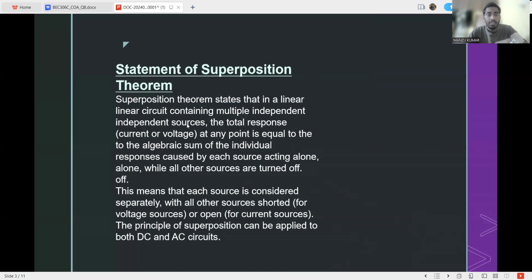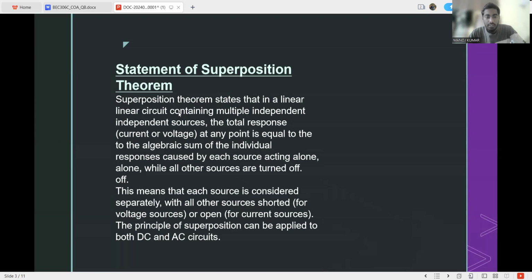Next, statement of superposition theorem. Superposition theorem states that in a linear circuit containing multiple independent sources, the response at any point is equal to the algebraic sum of individual responses caused by each source acting alone, while all other sources are turned off.